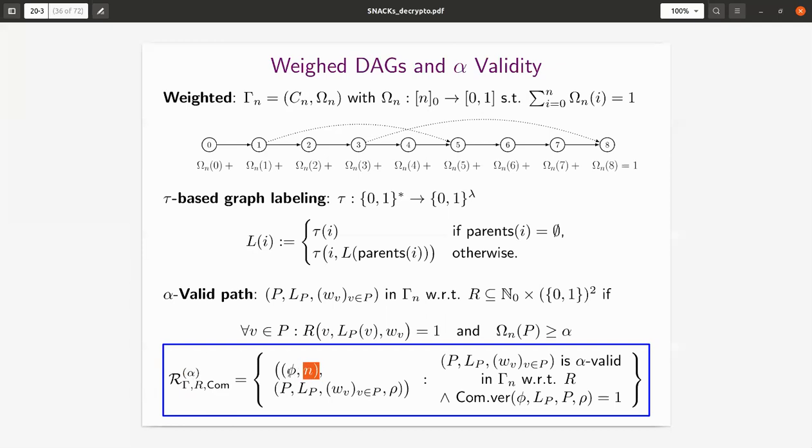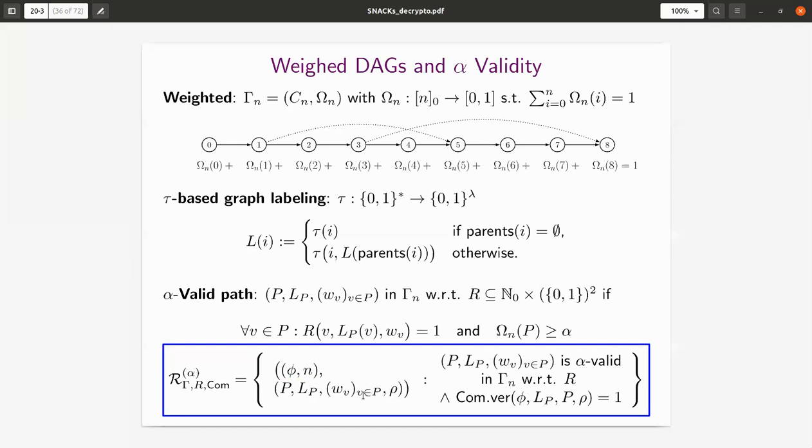The instances of this language will be phi and n. Phi will be a commitment to a weighted graph that has n nodes. The witness will be a path alongside some labels and the commitment of the path.